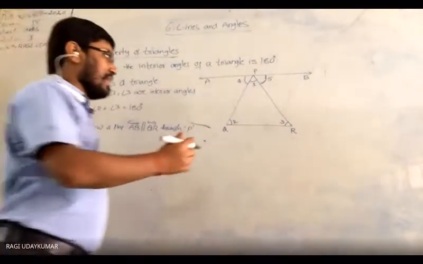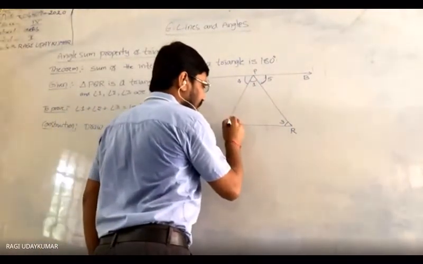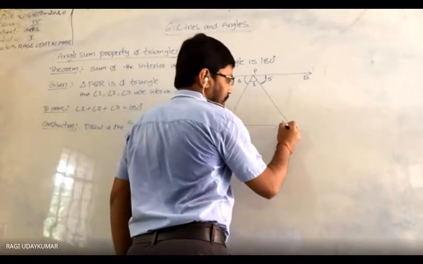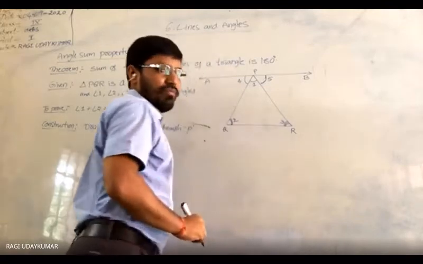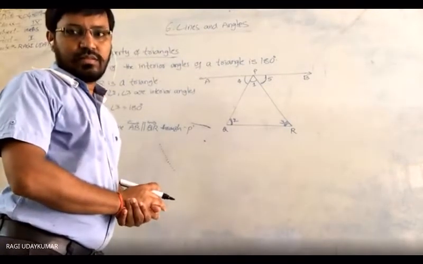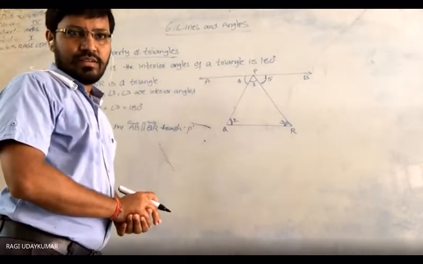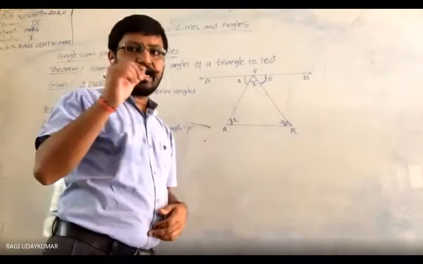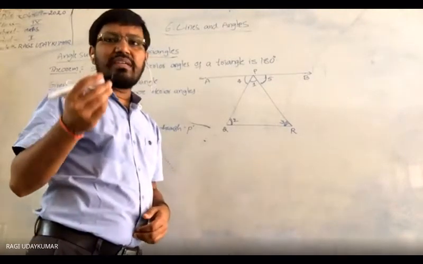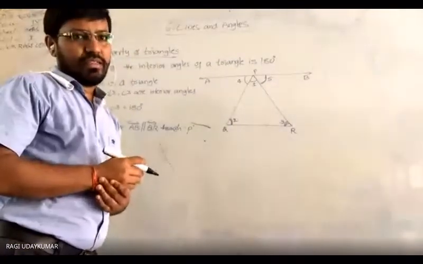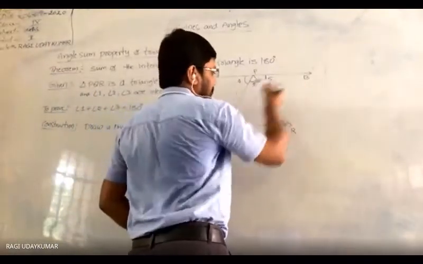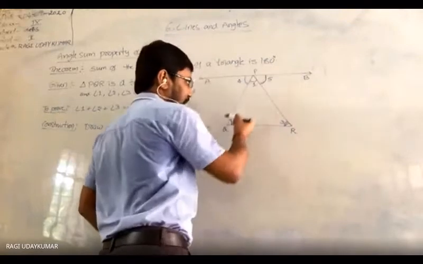You can represent these angles with marks: here 2 lines, here 3 lines. Why? Because if you draw a single line on angles, it means they are equal. Here, if you observe, AB and QR are parallel lines and PQ is a transversal.